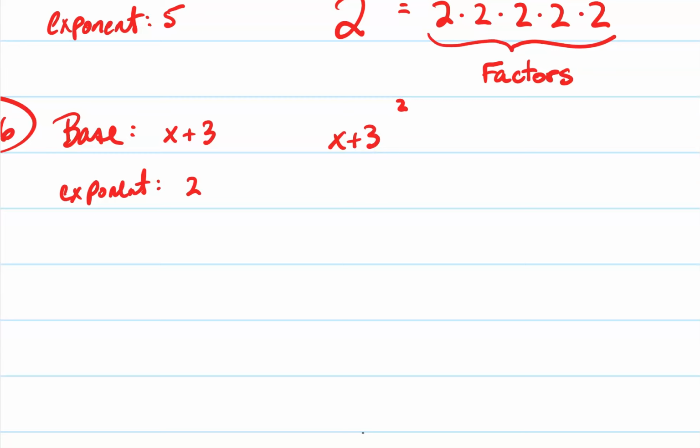If I don't use the grouping symbol, we might mistake this expression to say that the 3 is being raised to the 2nd power but not the x. So by including the grouping symbol, that enforces the fact that the entire group is being raised to the 2nd power. And the factored form, or the factors of this exponential, would look like this: x plus 3 times x plus 3.